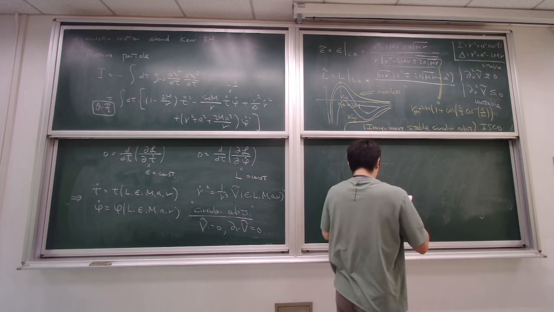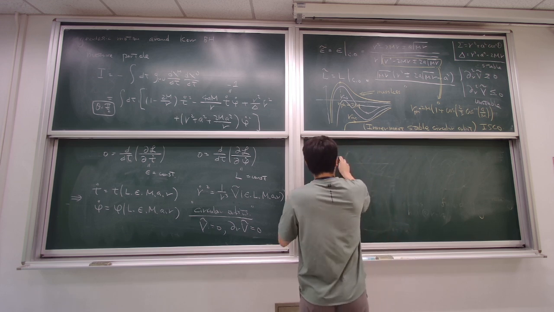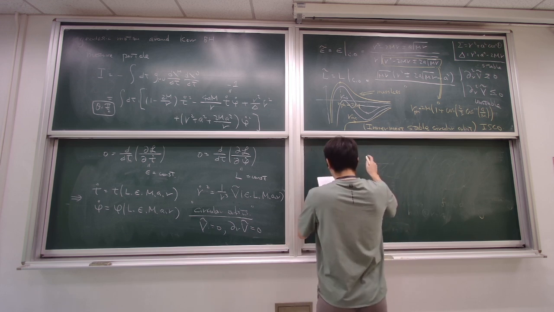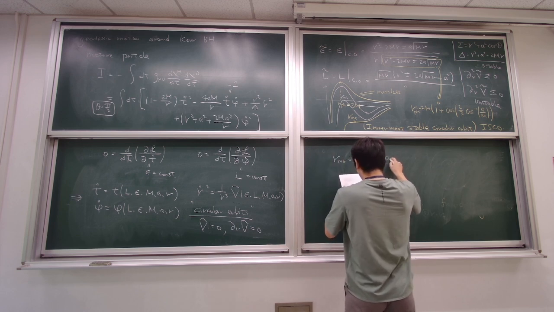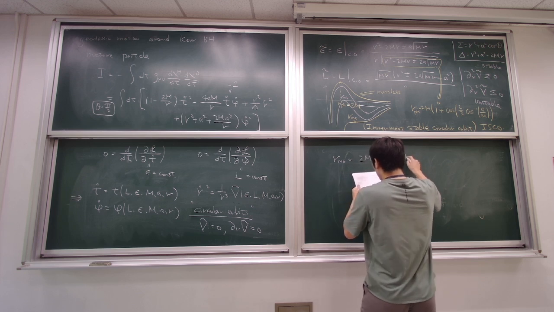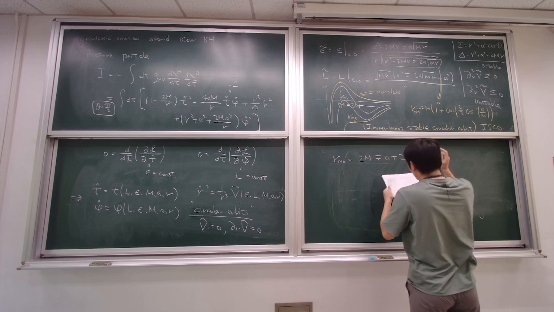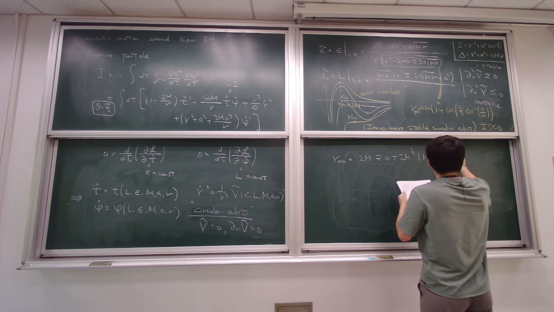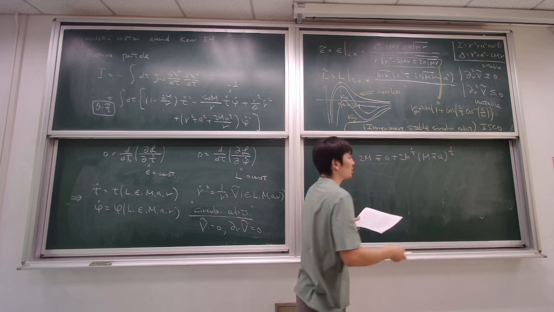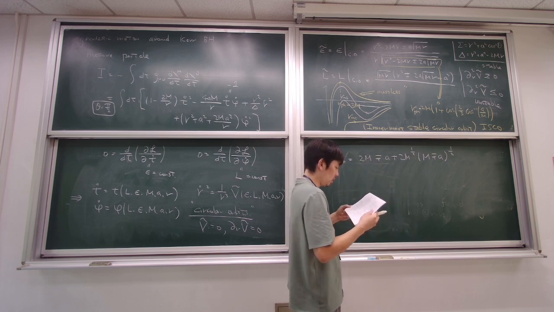And I just give you the answer of r_mb for Kerr, somehow 2m minus plus a plus 2m to the 1/2, m minus plus a to the 1/2. Actually, minus in this case is co-rotating and plus is counter-rotating.